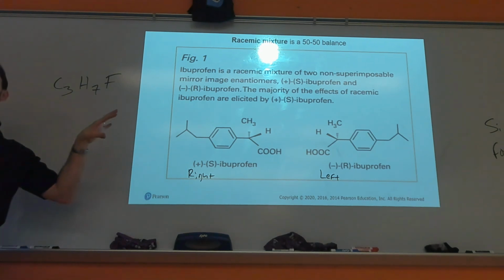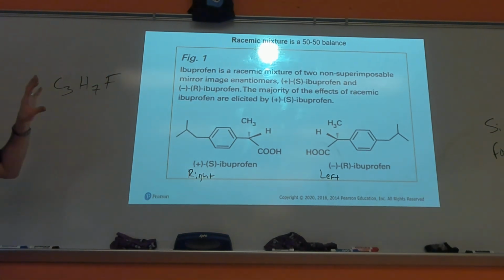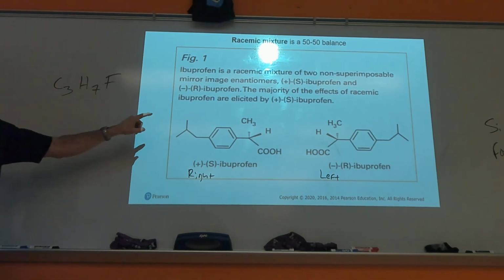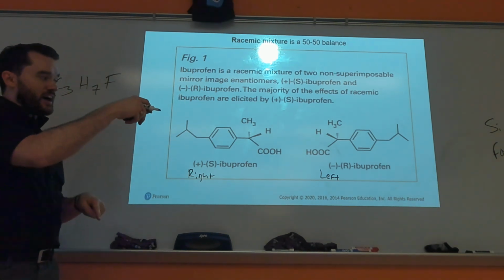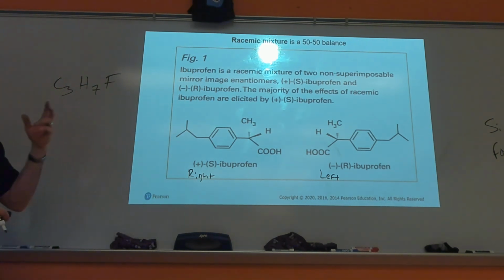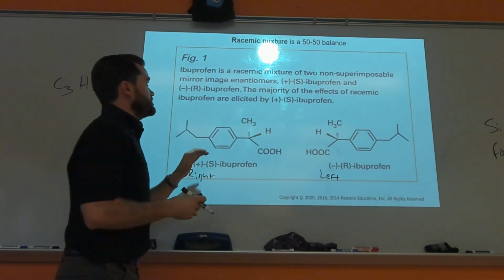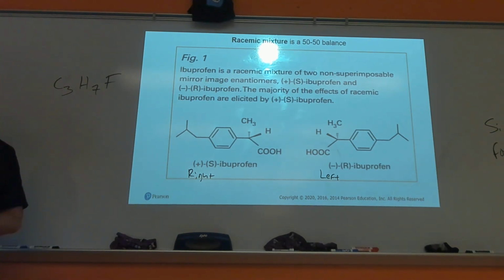You don't have to have that memorized. I'm just trying to introduce you to the basic structures these molecules can take. Whether it's spinning to the right or to the left changes how effective the ibuprofen is. When they say racemic mixture, it's just a 50-50 balance of left and right. But the right-hand one is the most effective form of the ibuprofen.